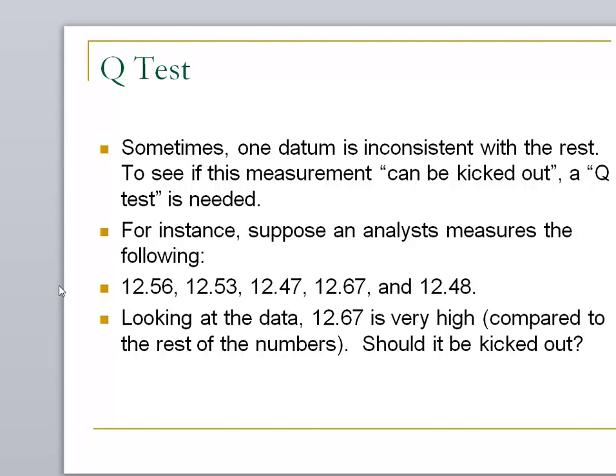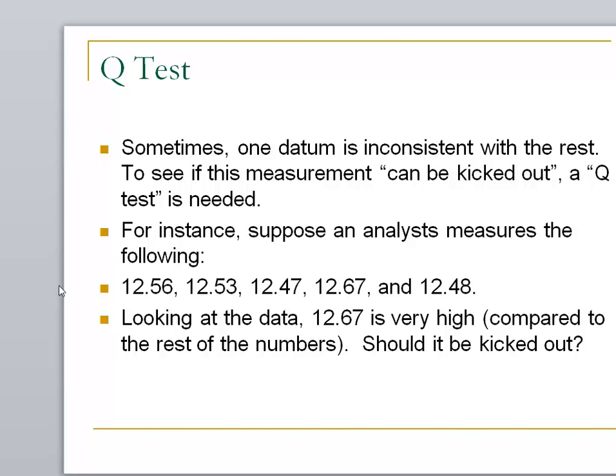The question is, out of this set, 12.67 seems to be kind of high, at least higher than the others, right? 12.5-ish, 12.5-ish, 12.5-ish. Then we get a 12.7-ish, and then 12.5-ish. So out of the group, 12.67 seems to me that it's a little higher than the rest. So my precision and my accuracy maybe could be a little bit better if I get rid of that number.